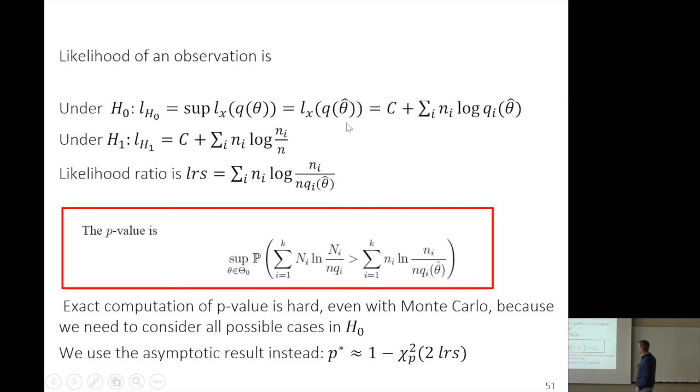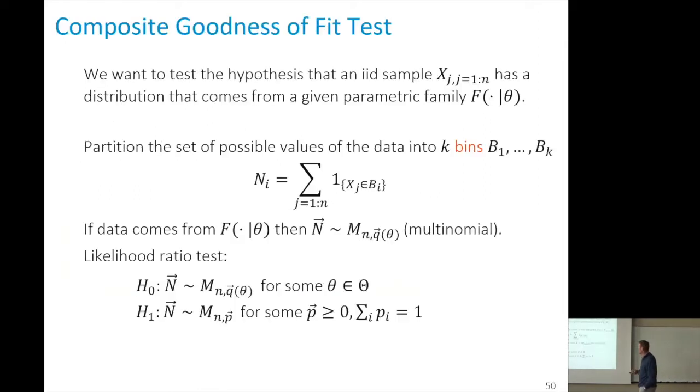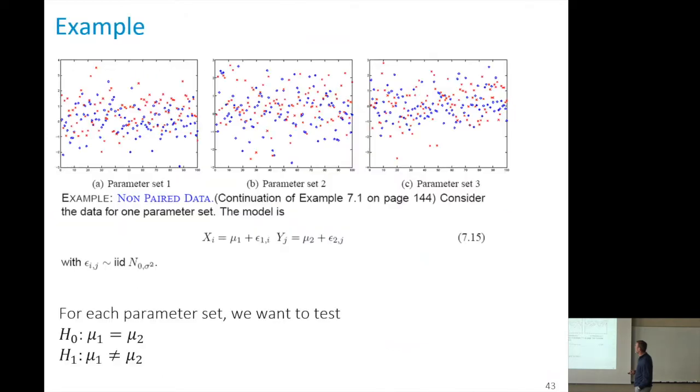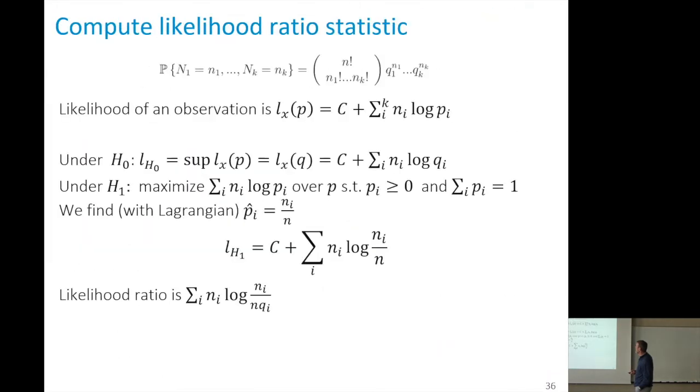I have to pose an optimization problem, which depends on theta. We know exactly the form of the distribution here, right? It is the sum of the n_i log q_i of theta. So I have to maximize this function that is parameterized by theta.